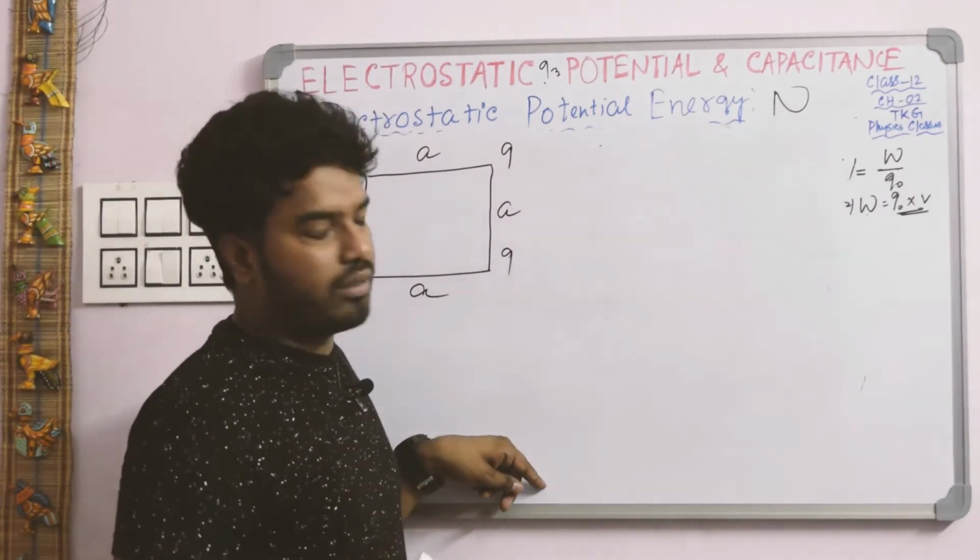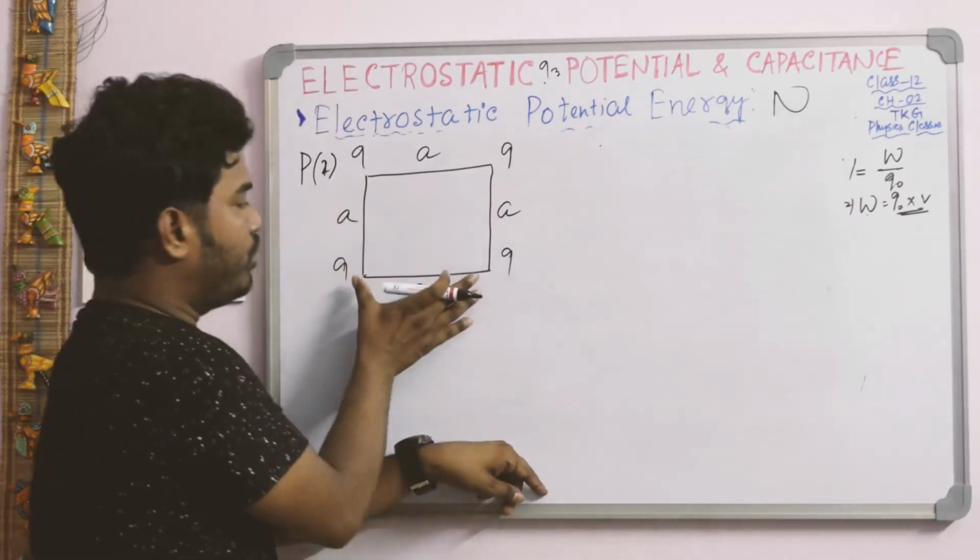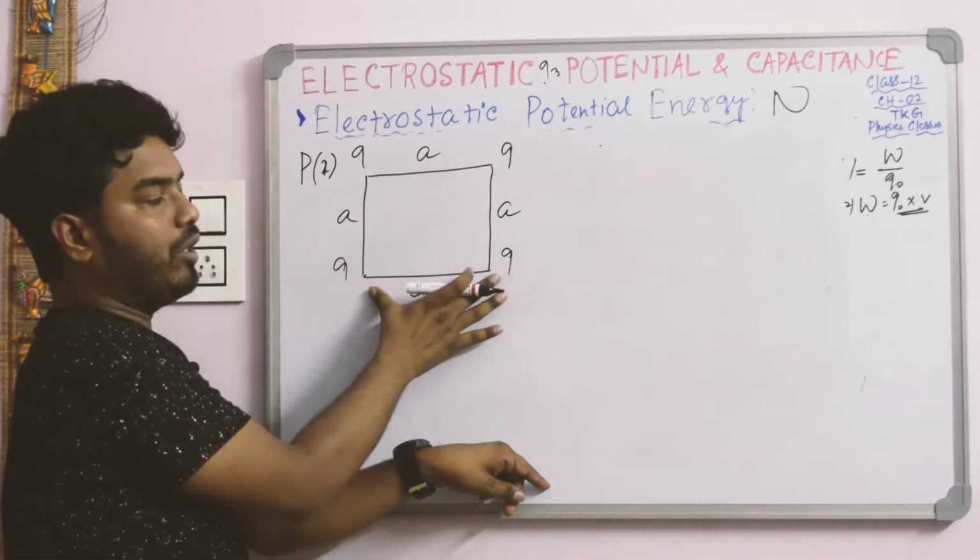So what will be the way out? Same as for 2 charges Q and Q, separation A.